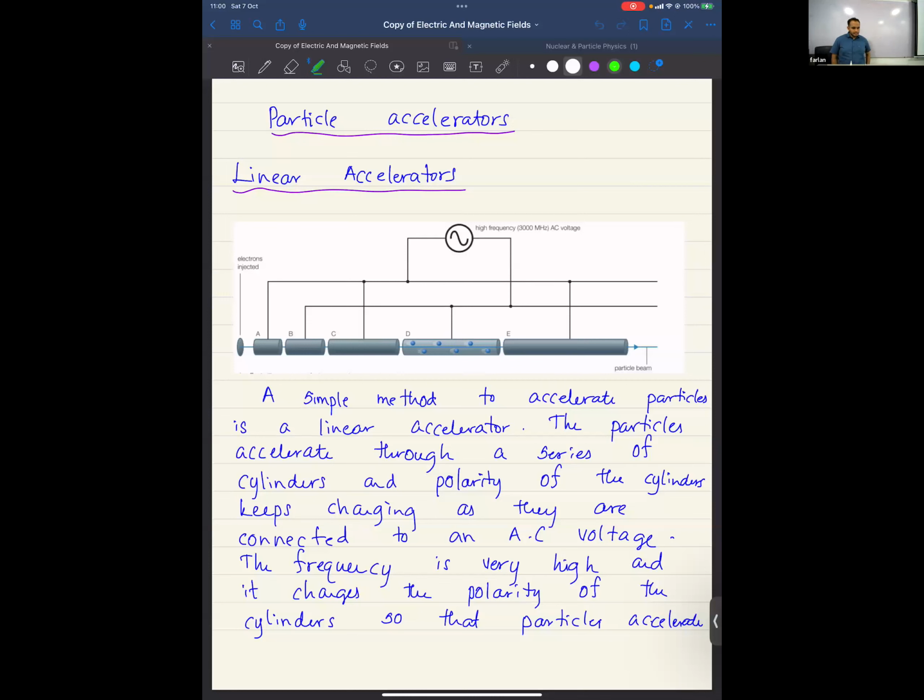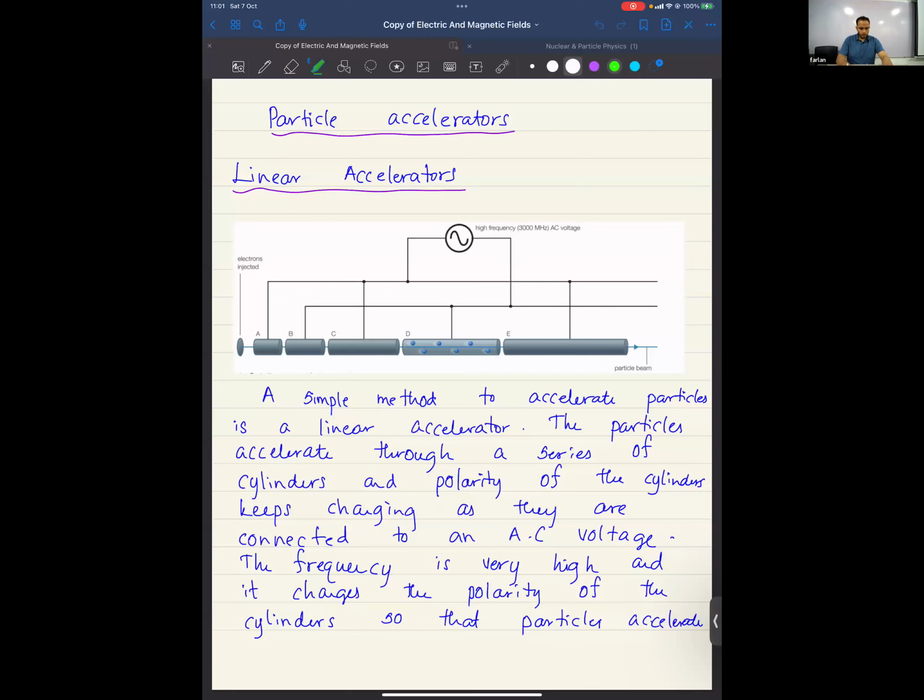A simple method to accelerate particles is a linear accelerator. Full stop. The particles accelerate through a series of cylinders, and the polarity of the cylinders keeps changing as they are connected to an AC voltage.